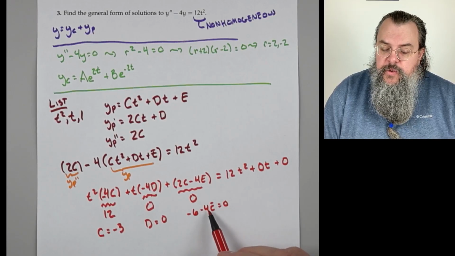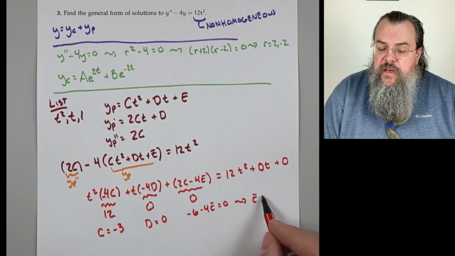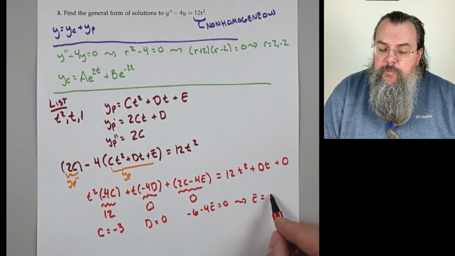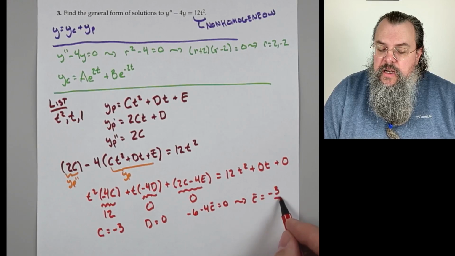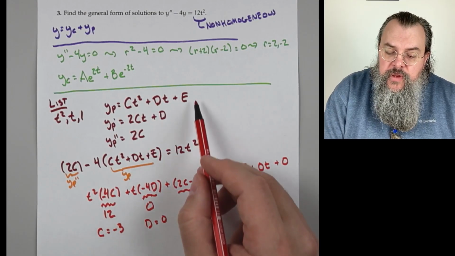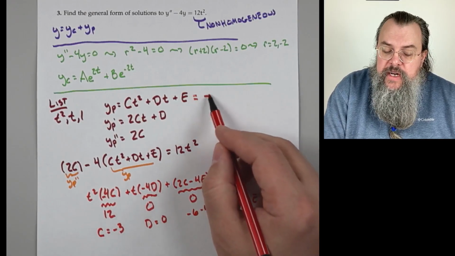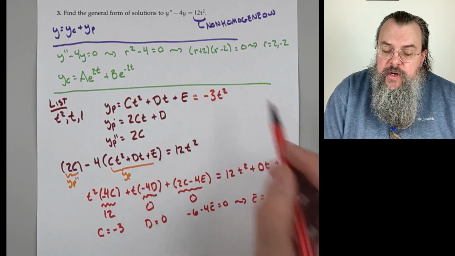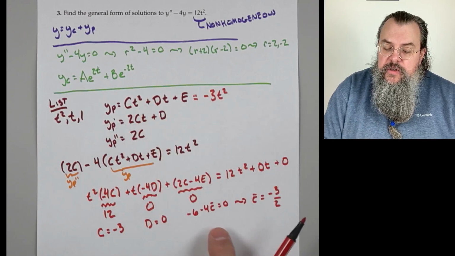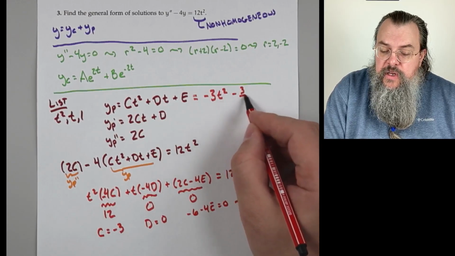So I can move the 4e across and divide. That says e has to be equal to minus 3 halves. All right, so updating our particular solution would be minus 3t squared, 0t, minus 3 halves.